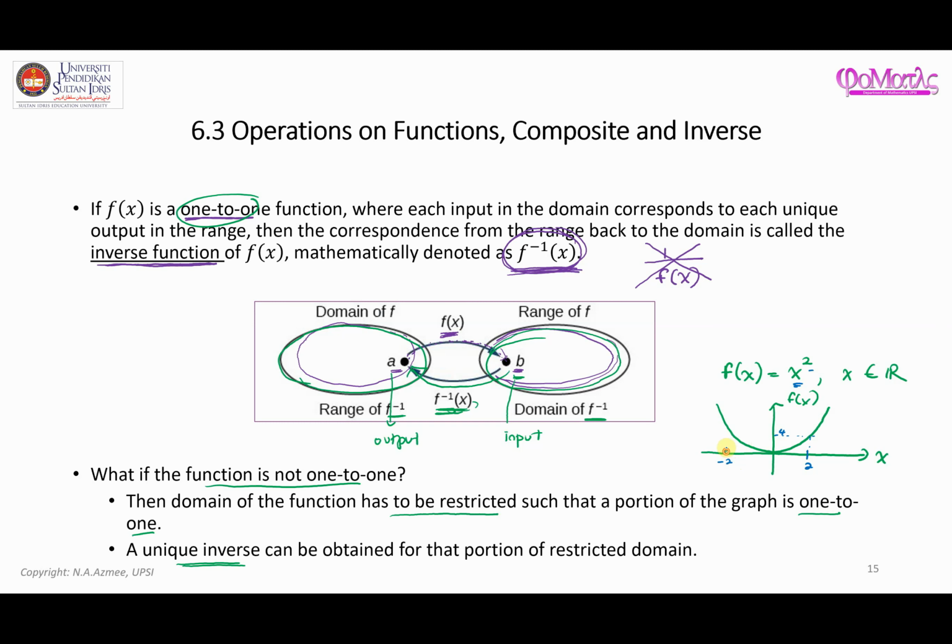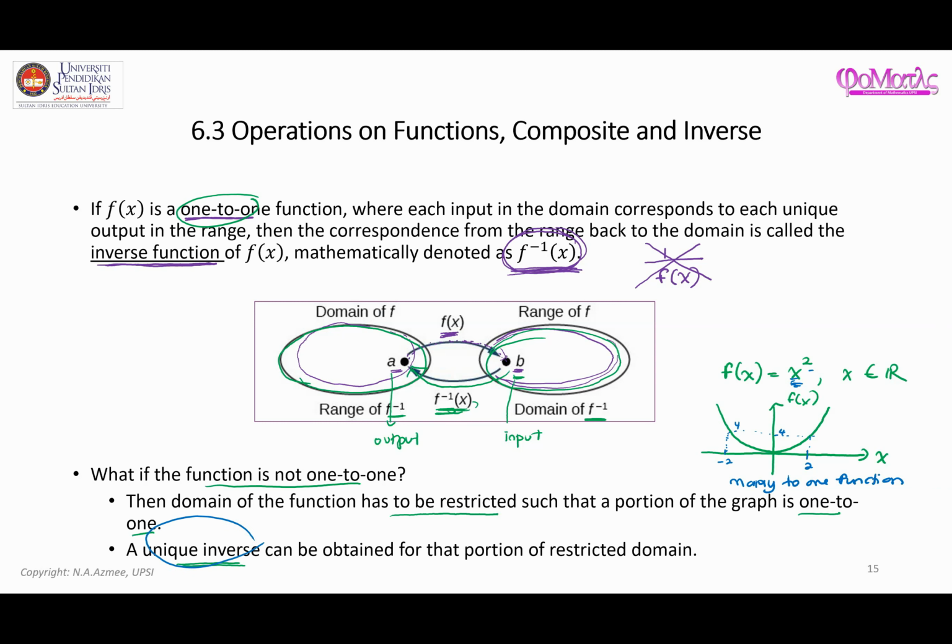Negative 2, if I substitute into x here, I will get the same result, which is 4. So this is an example of not a one-to-one function, but a many-to-one function.